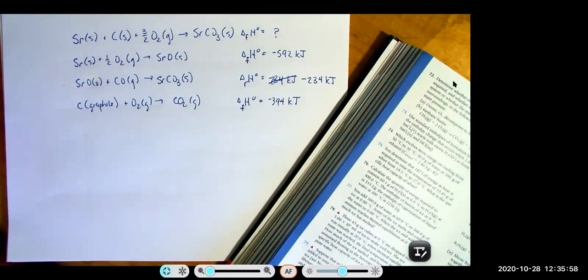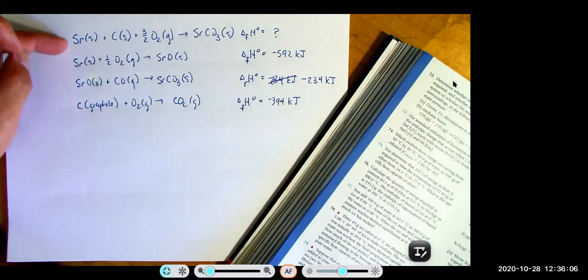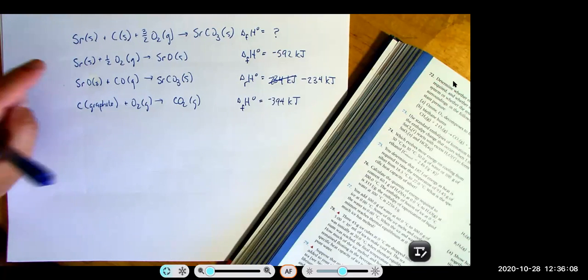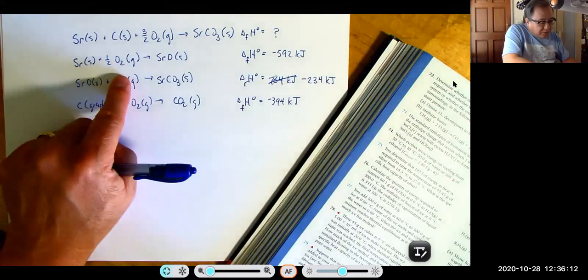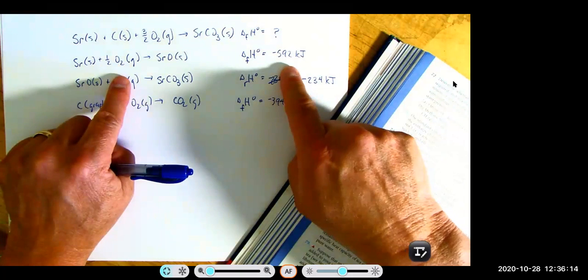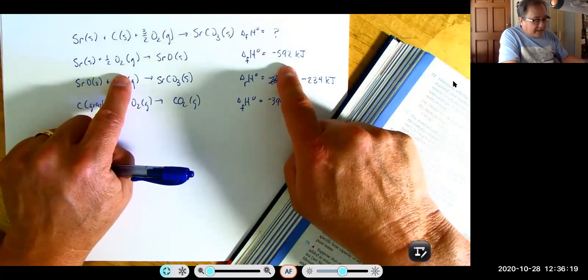For the first equation, you could just leave it as it is. When you say first one, which one are you talking about? Oh, the solid strontium plus the 1/2 mole of oxygen. Okay, so the first reaction with energy. So you want to start with that one. Why?